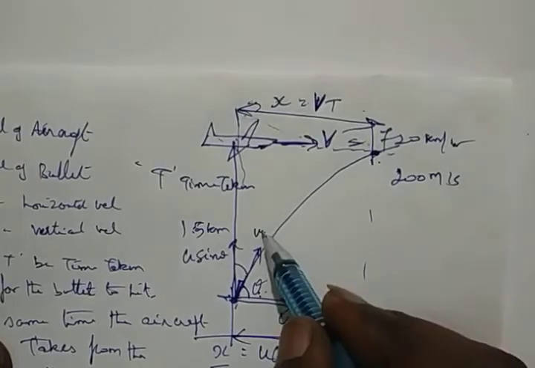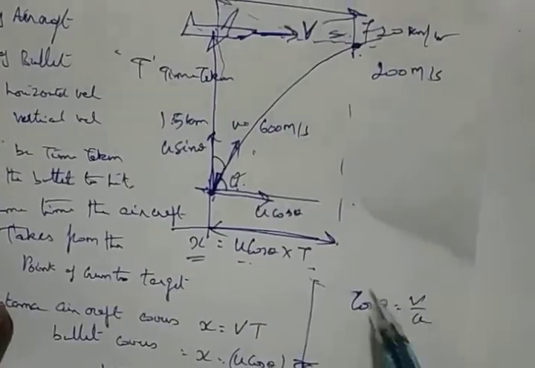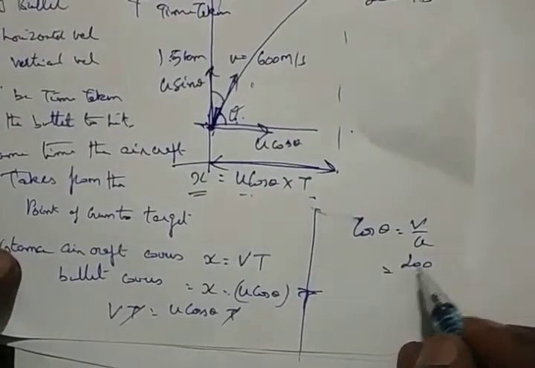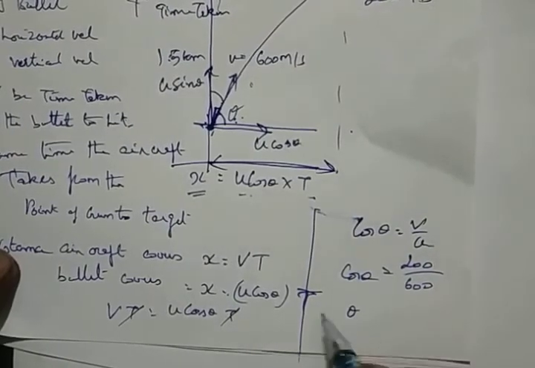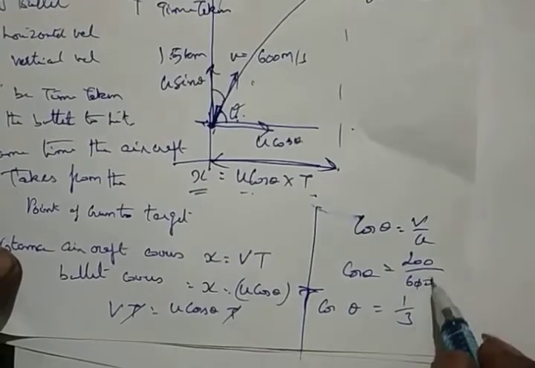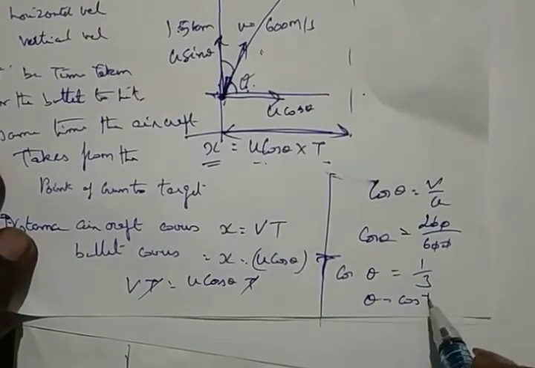And what is u? It is already 600 meter per second. So you can substitute here: it is 200 upon 600. Cos theta is going to be equal to 1 by 3, because it can get cancelled out. Theta is going to be equal to cos inverse of 1 by 3.